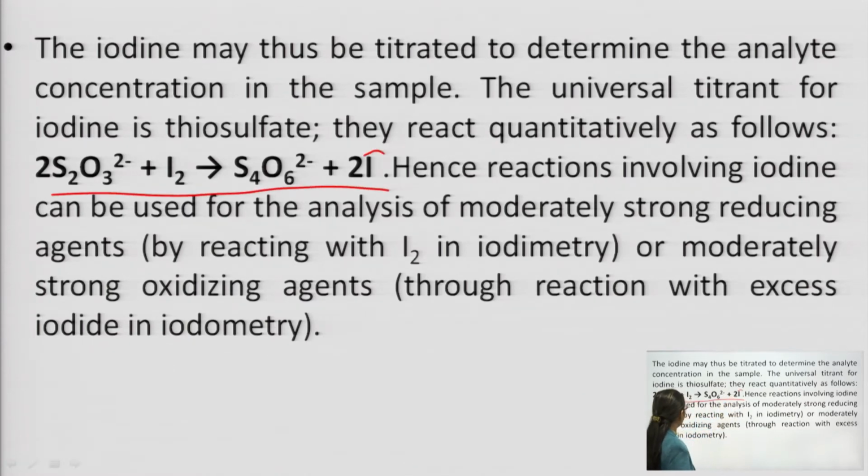Hence, the reaction involving iodine can be used for analysis of strong reducing agents when they react with I2 in iodometry, or oxidizing agents when they react with iodide or iodate in iodometric titration. When they react with salts of iodine, not iodine solution, there are several oxidizing agents which can serve as analyte in iodometric titrations.